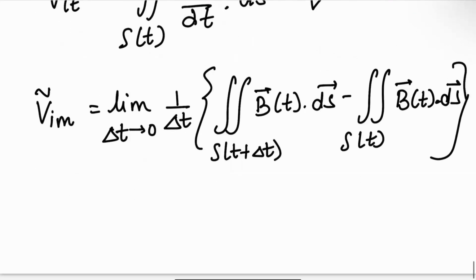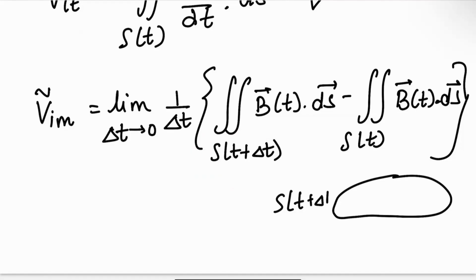All right, this is where the subtlety of the argument is, so it's important to understand this. What is this? This is the top surface. I should draw that again. This is our S of t plus delta t, and this is the bottom surface, S of t.